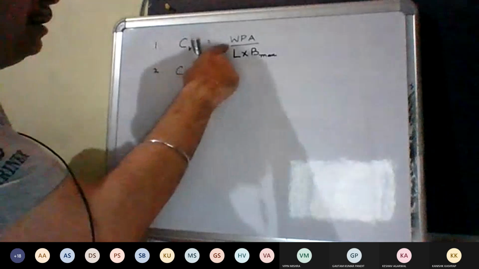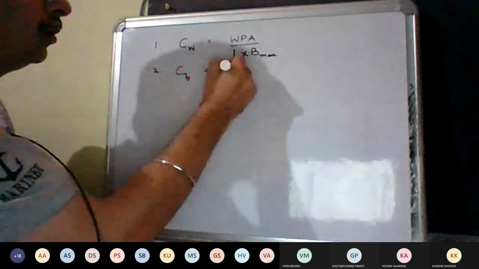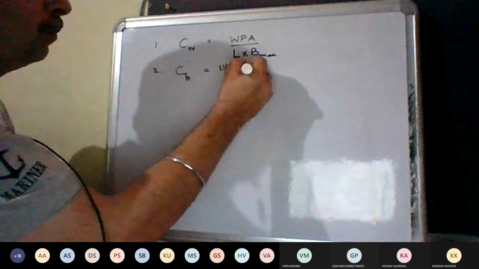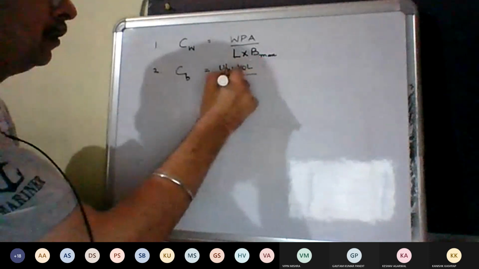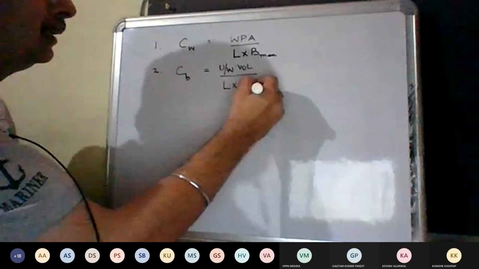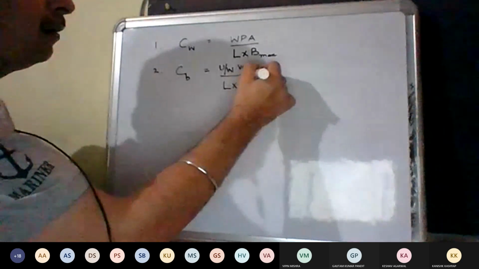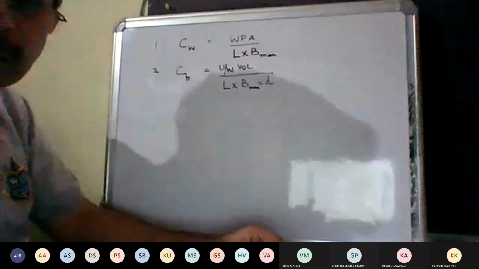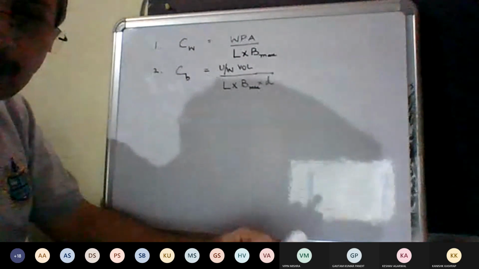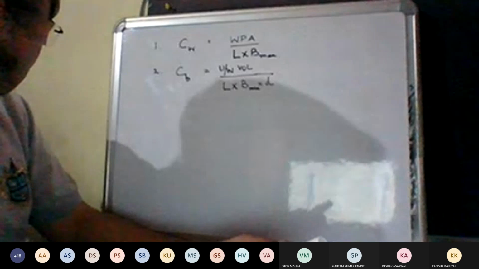In this, compared to CW, a third dimension has been added: underwater volume divided by L into B max into draft. The draft has come into this. So this gives us a block coefficient CB.